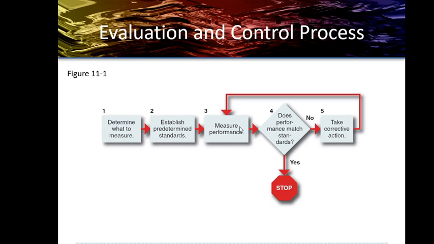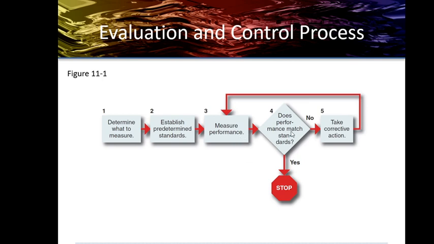For example, we are measuring the increase in market share. Our objective was to increase the market share by 5%, let's say. So our standard is 5%. We measure the performance now. Suppose that the result of the measurement was that we increased our sales by only 3%.